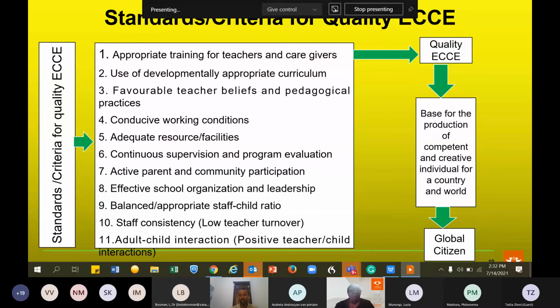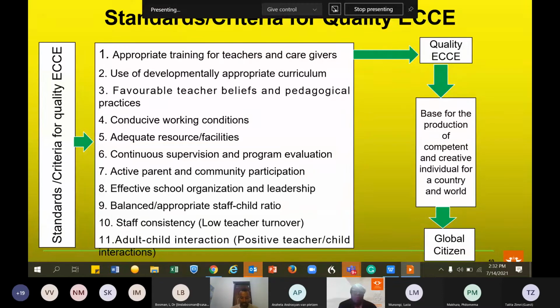Parents' participation is vital for the children, and the school community, the teachers, and other stakeholders should get input from parents about the mode of delivery and in general about the school organization or the school environment. And the other standard is effective school organization and leadership.